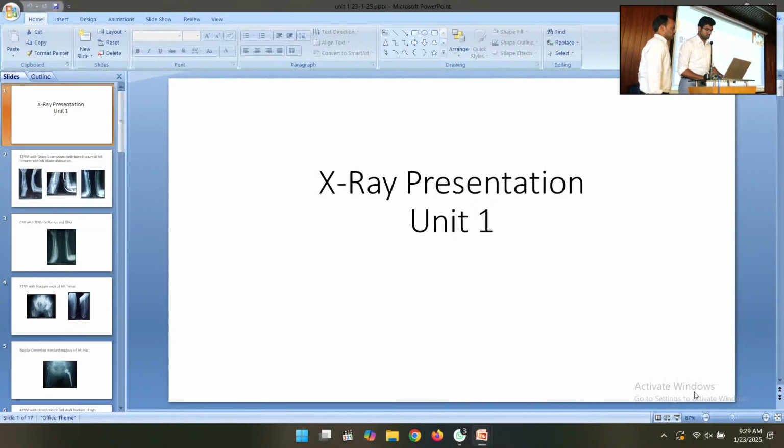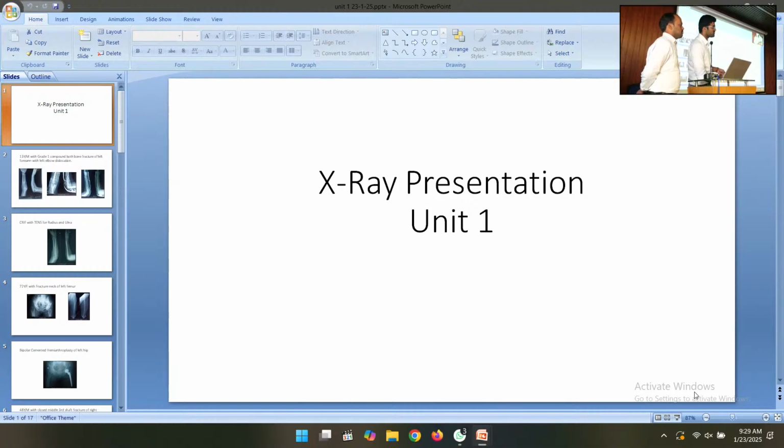What is the percentage contribution of growth from the upper tibial growth plate and distal femoral growth plate? Where is the maximum growth? Distal femoral, and in the tibia it is proximal, sir.